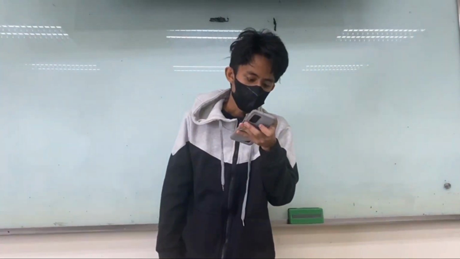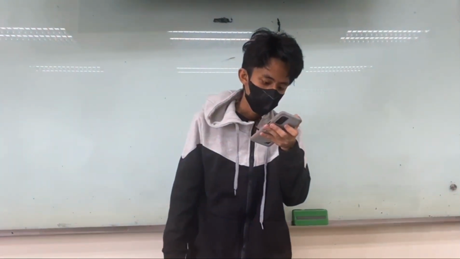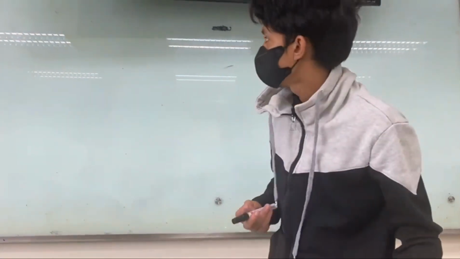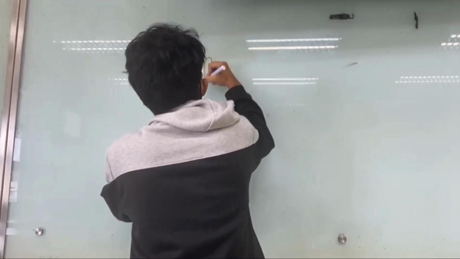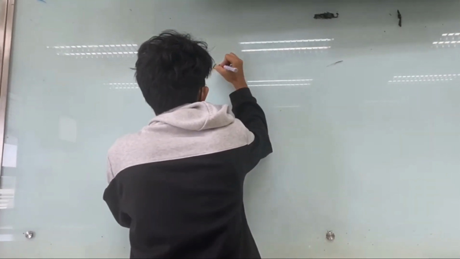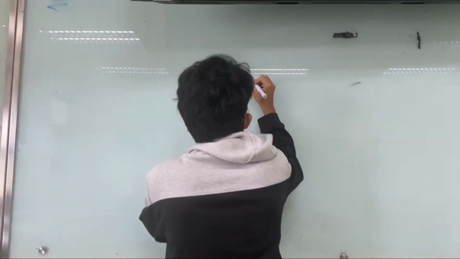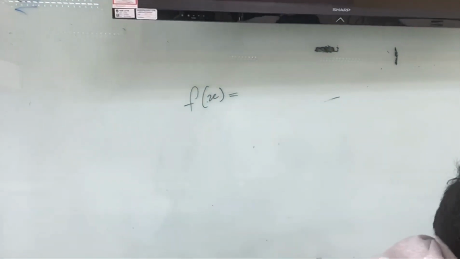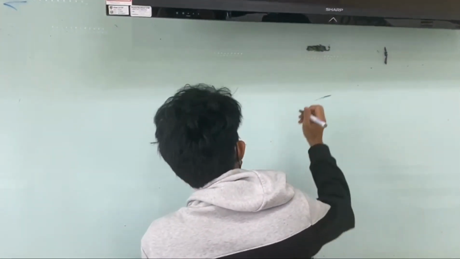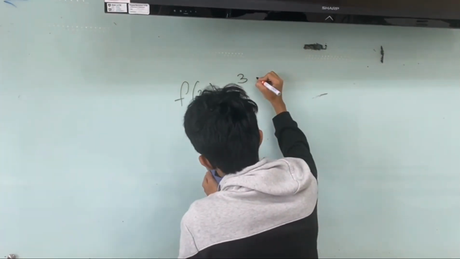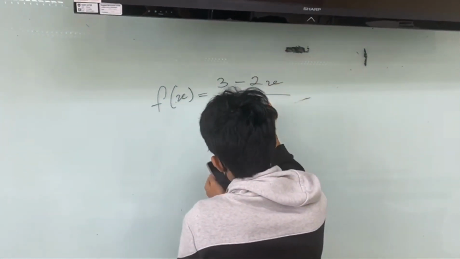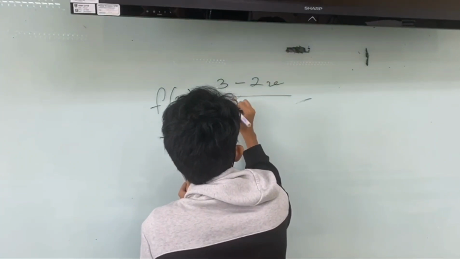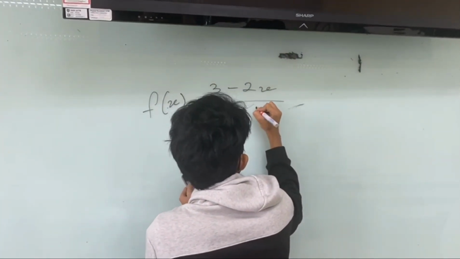Today our group will be explaining equation solutions. Homework 48, question 4. Given the function f(x) equal to 3 minus 2x over x plus 4.